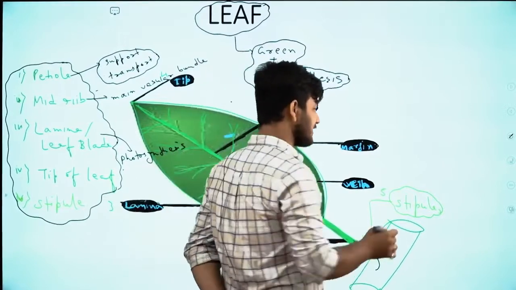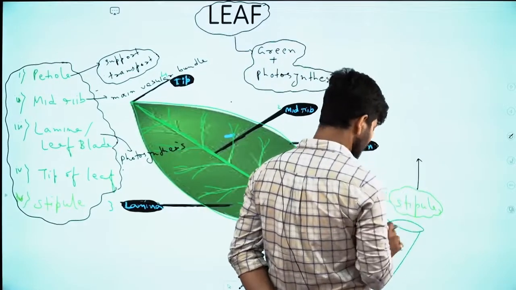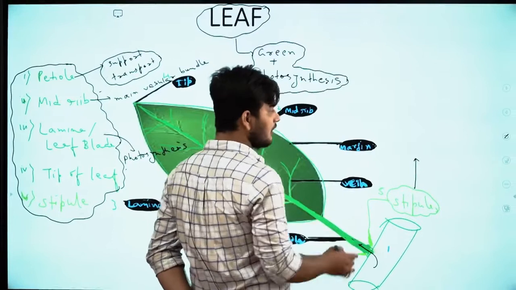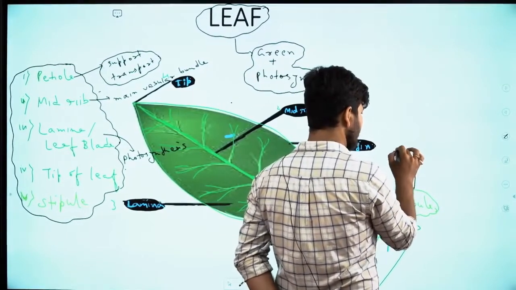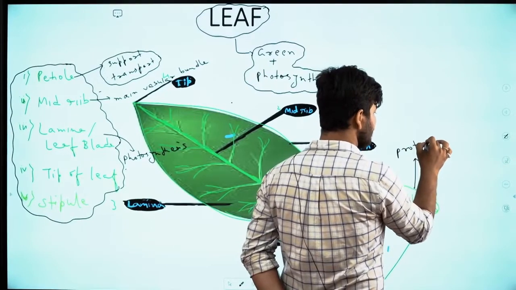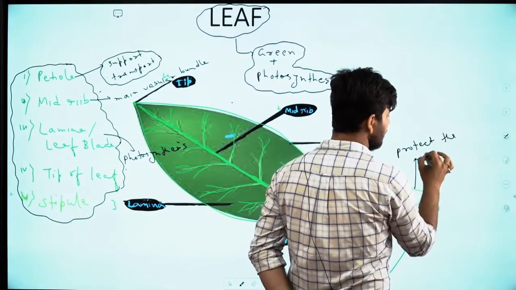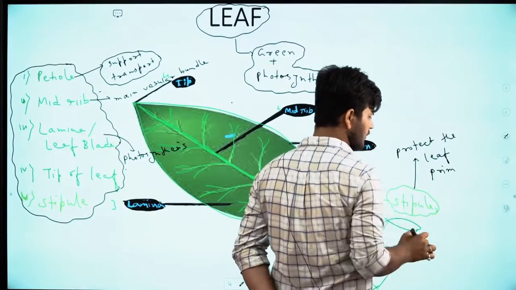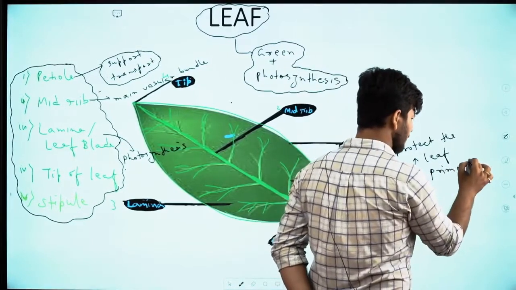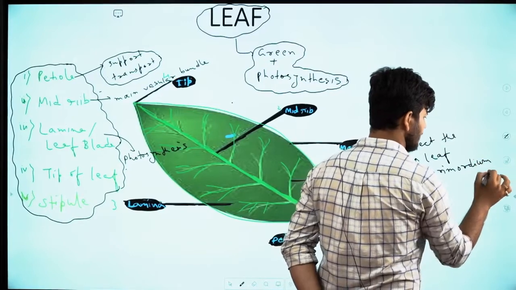We can say that the stipule is a rudimentary structure at this time, which protected the leaf primordium. We will discuss it also.